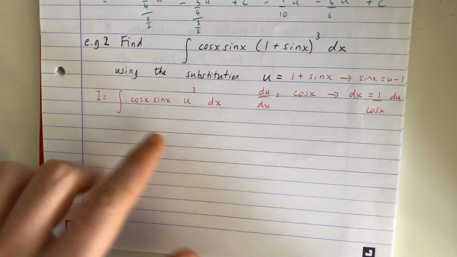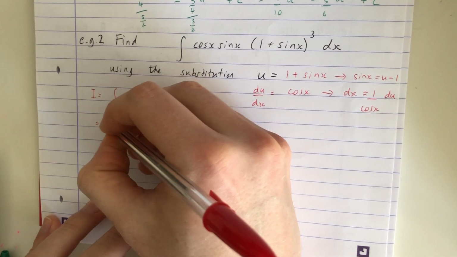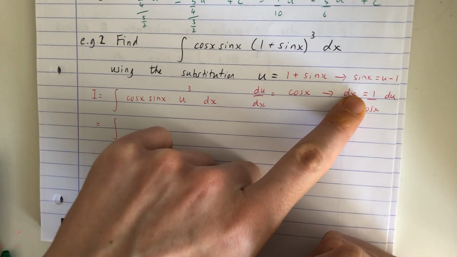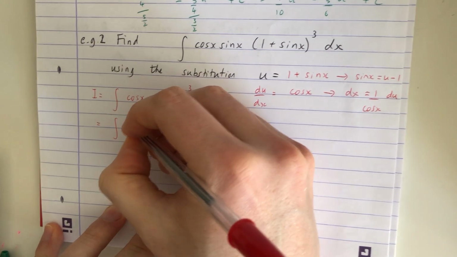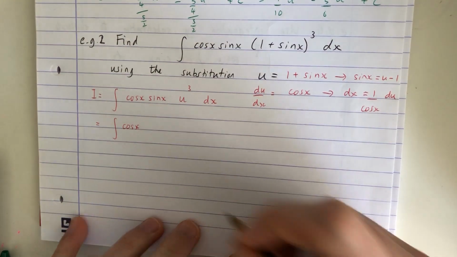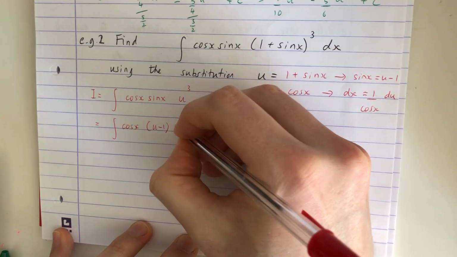Now, I'm going to do all of the obvious substitutions now. So I'm going to integrate. Cos x was too difficult for me to work out, making it the subject, so I'm going to leave it as it is for now. Sin x wasn't too bad because I can make it the subject really easily. u cubed, that was the easy bit.